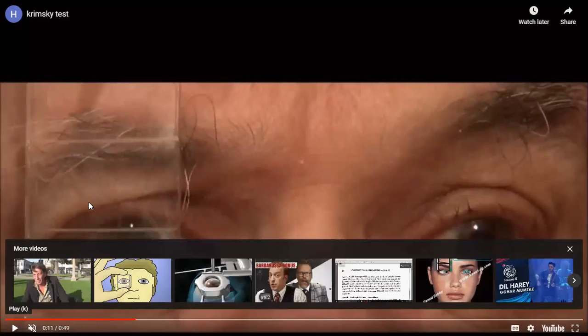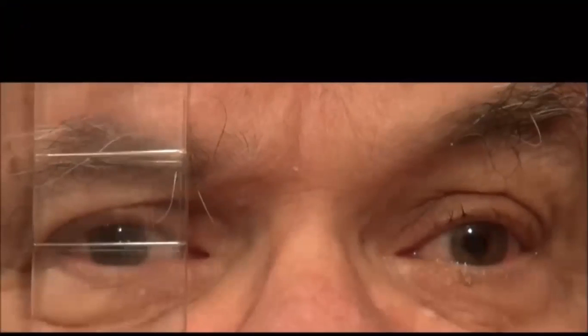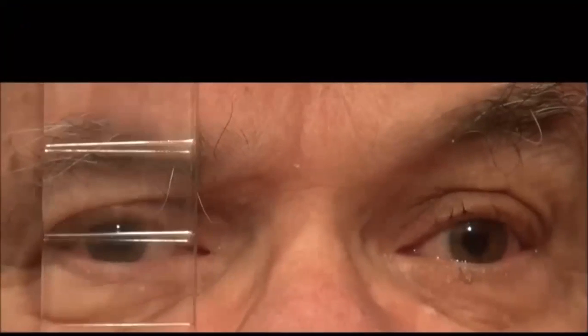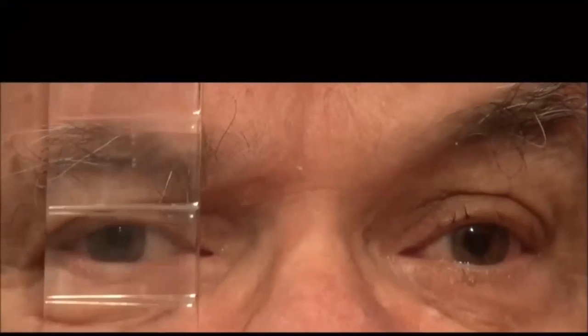This whole bar has different prisms of varying strengths. This is the weakest, then this is stronger, then the one above is stronger. So the fixating eye is being covered, and we want to look at the other deviating eye. Okay, let's look at the deviating eye. Can you see the deviating eye moving inwards?